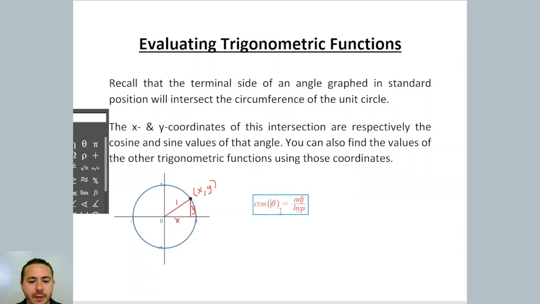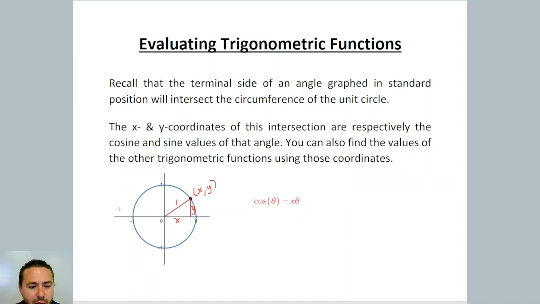The adjacent side is going to be this x, and the hypotenuse is just going to be 1. So x divided by 1 is just equal to x. Let me label theta in here. Theta is going to be this angle measure. Cosine of this angle measure is going to equal the x coordinate along the unit circle.